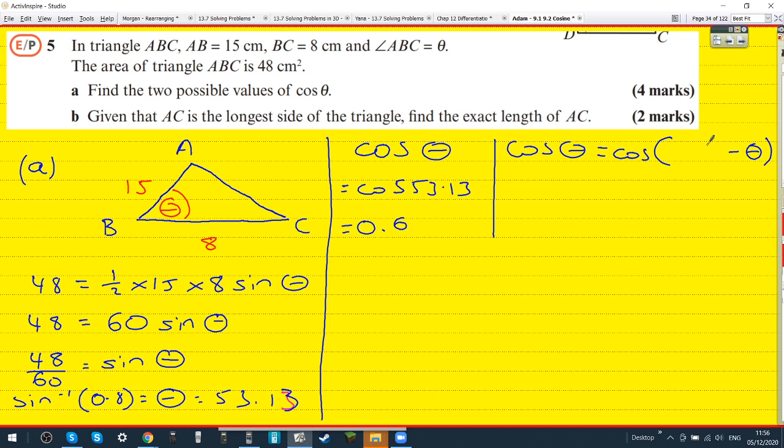It's not 180, it's 360. So you would write cos 360 minus 53.13, which gives you 0.6.